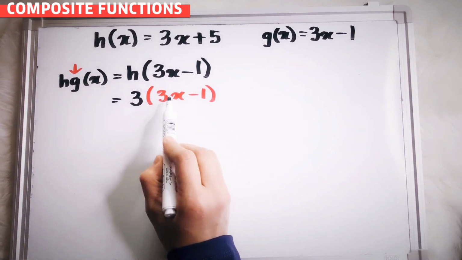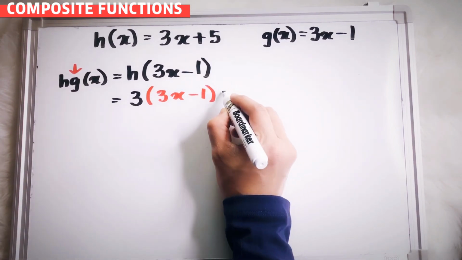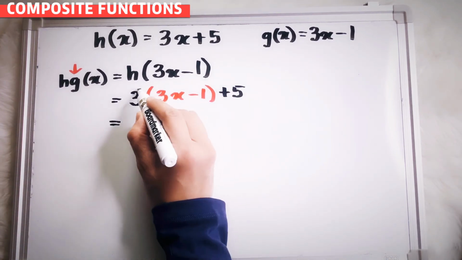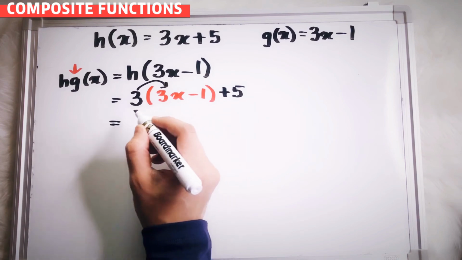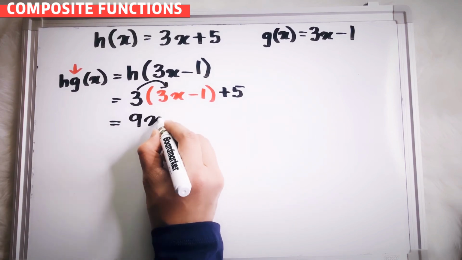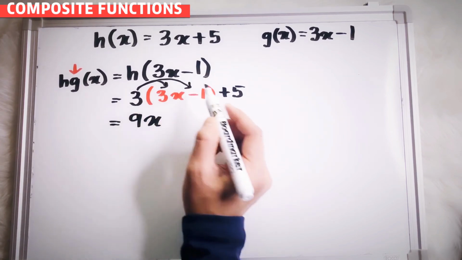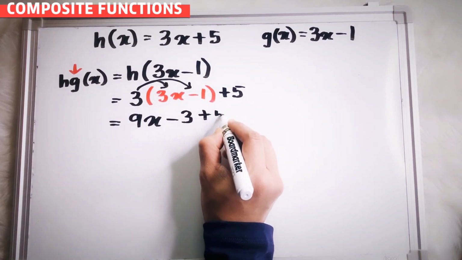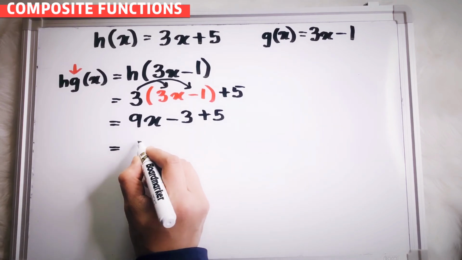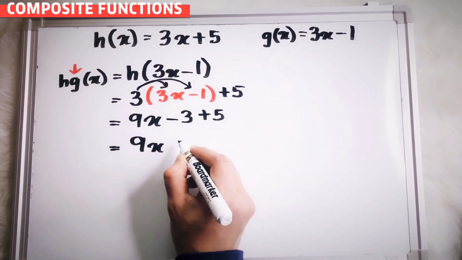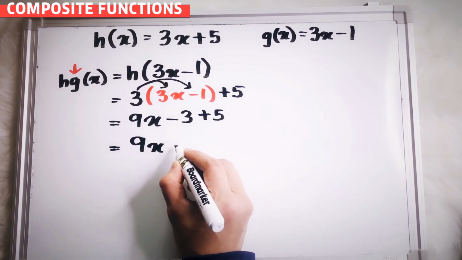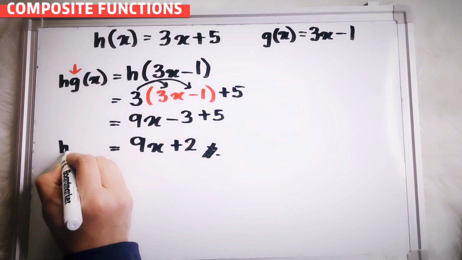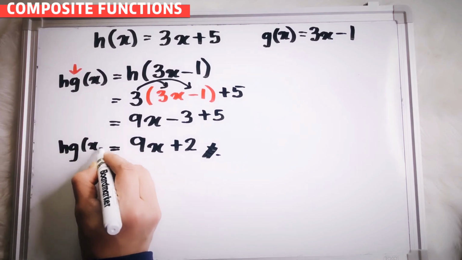Now 3x plus 5 plus 5. Alright, so now we have to expand. 3 times 3x we got here is 9x. 3 times negative 1 we got negative 3, and plus 5. Now we got here 9x, negative 3 plus 5 we got here is plus 2. So this is our h(g(x)) function.